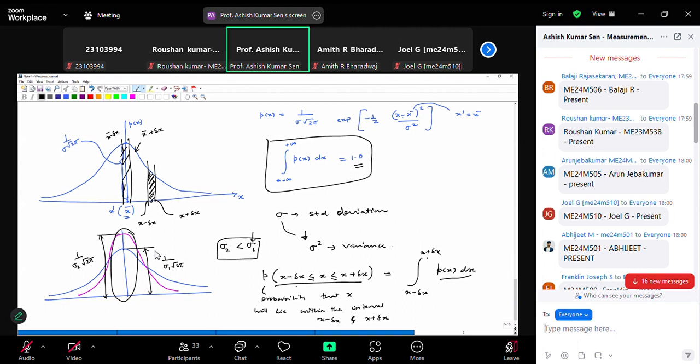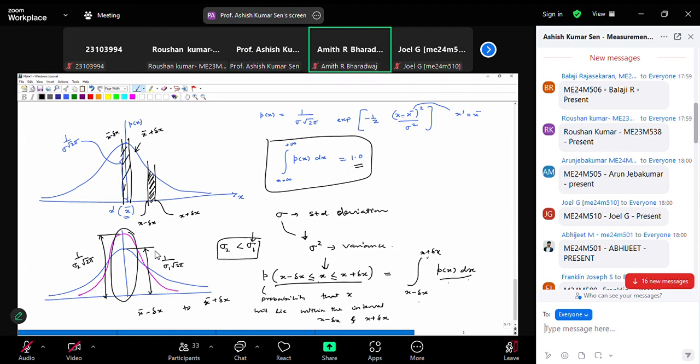So instead of x minus delta x, you will use the limits as x mean minus delta x to x mean plus delta x. So basically, it depends on the range of value of x that you want to know. Accordingly, you can pick your integration limits and you can find the probability.